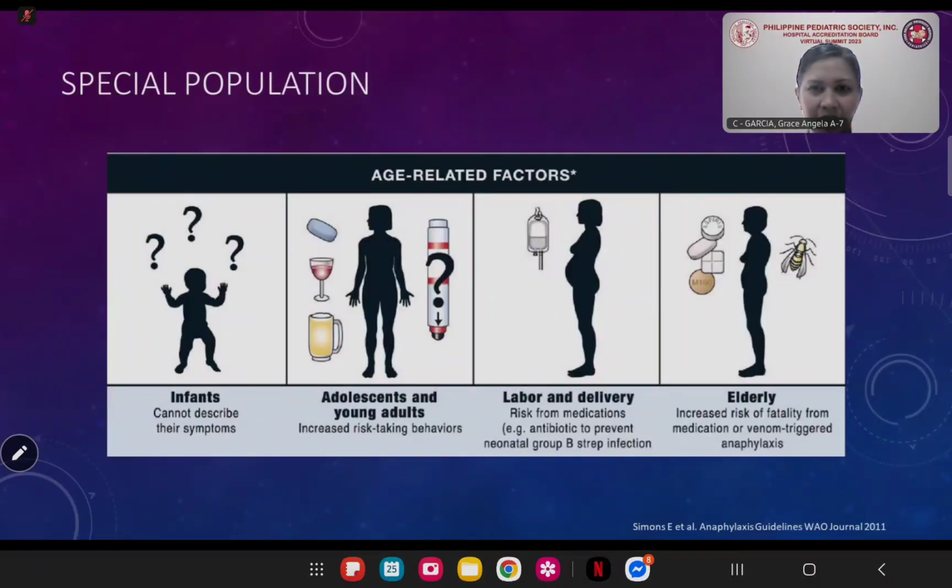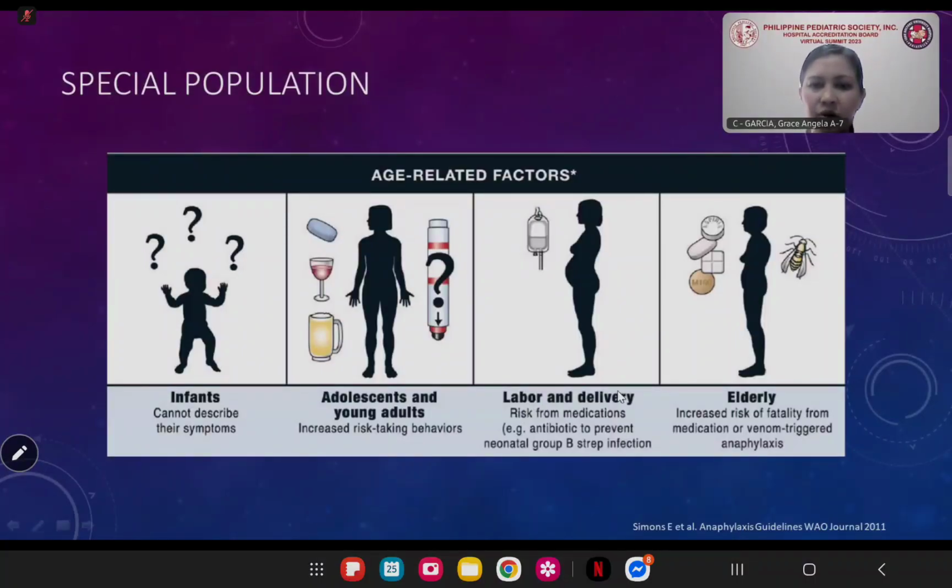For example, they already know that they are allergic to peanut, but due to peer pressure, they would just try it, and also alcohol, and they don't bring their EpiPen with them because their classmates would say, "I do not bring that one. Oy, nothing will happen to you."